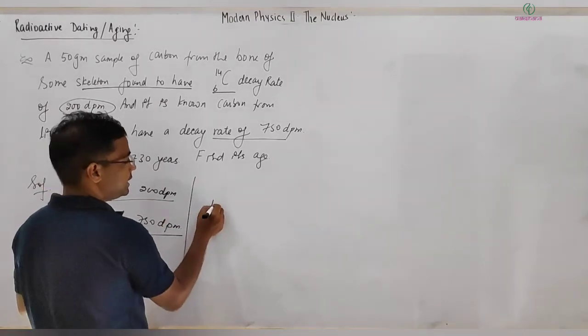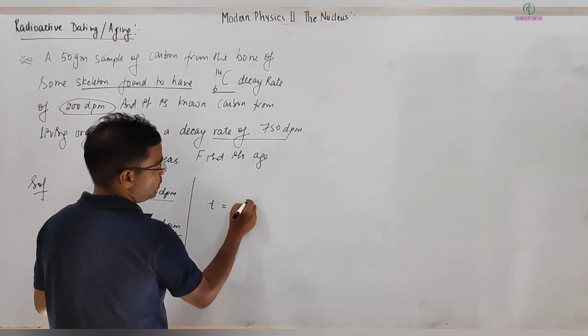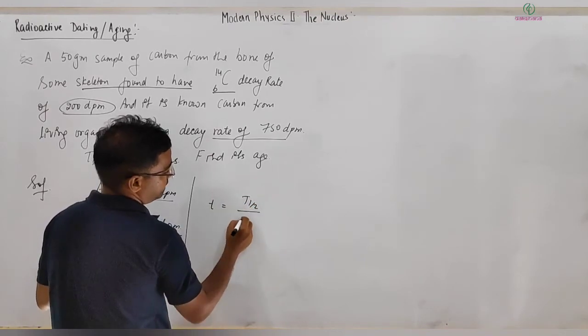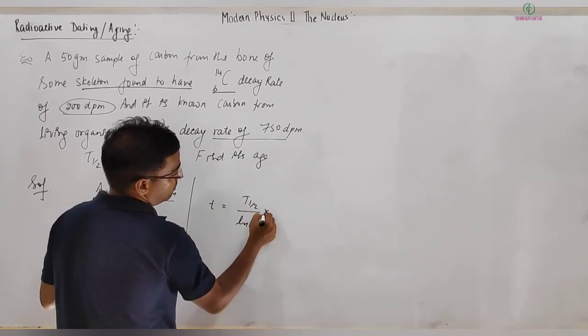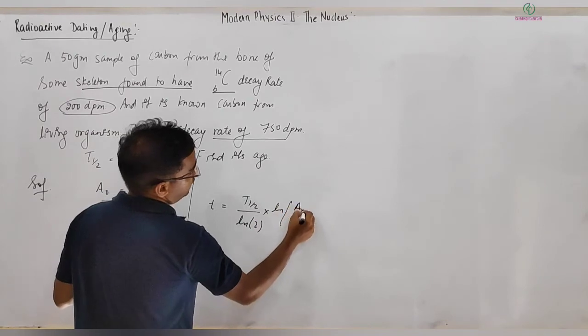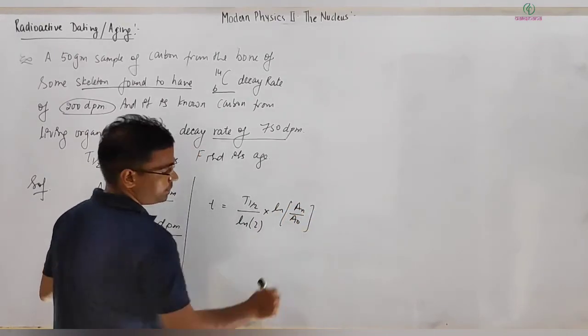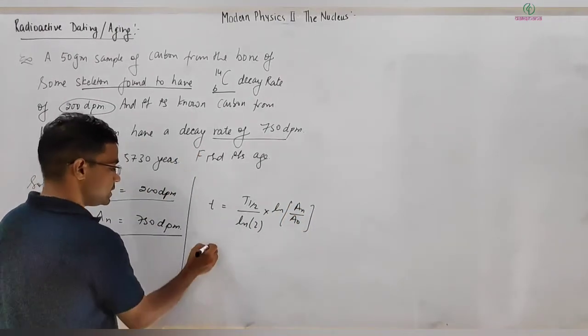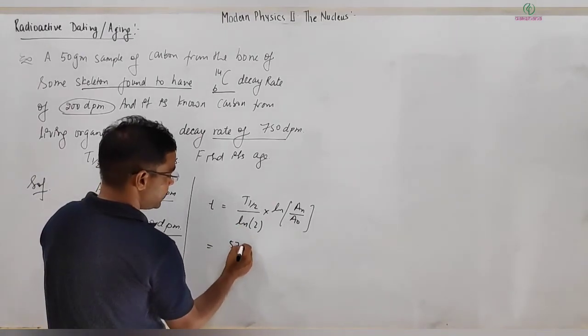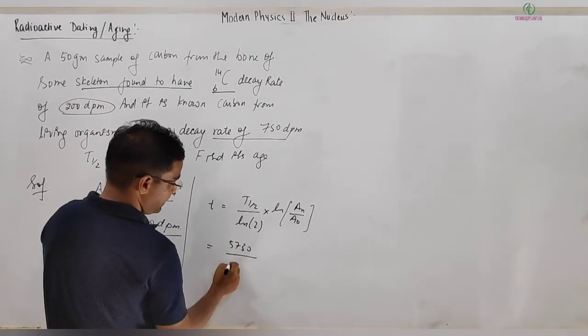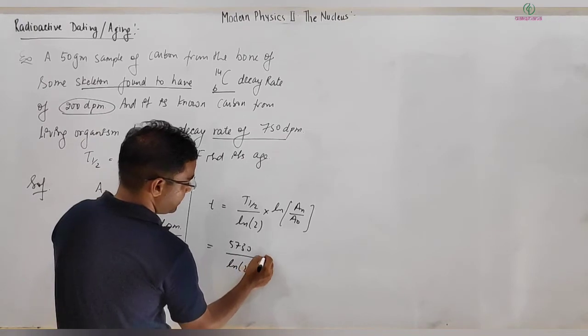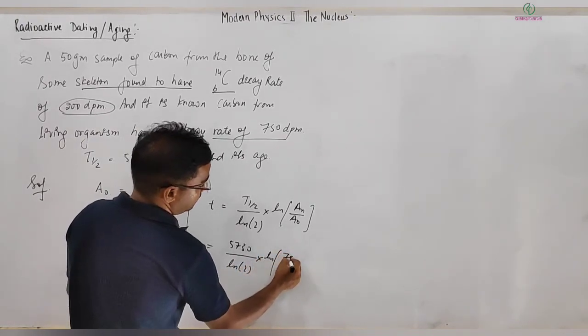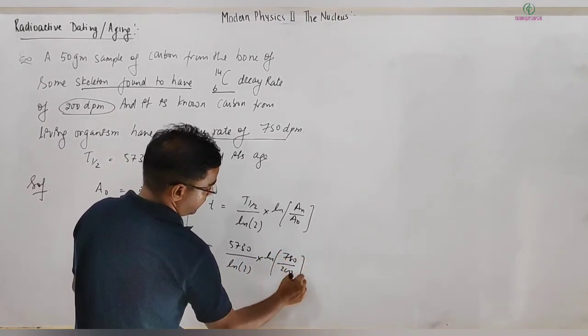We can use the relation directly here. T is equal to T half divided by ln 2 multiplied by ln of A new divided by A old. We can substitute the values here: 5730 divided by ln 2 multiplied by ln of 750 divided by 200.